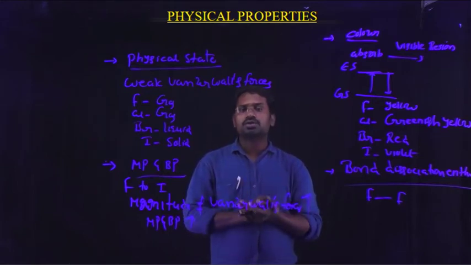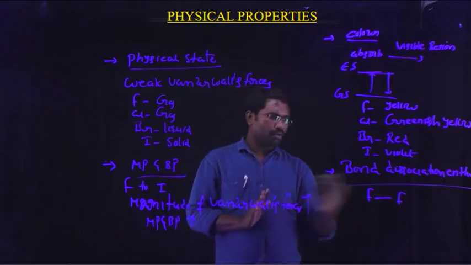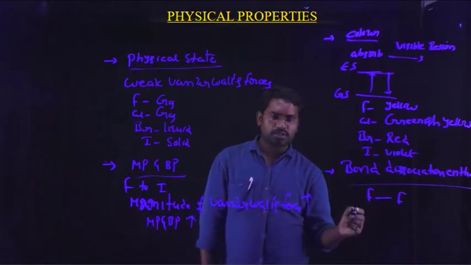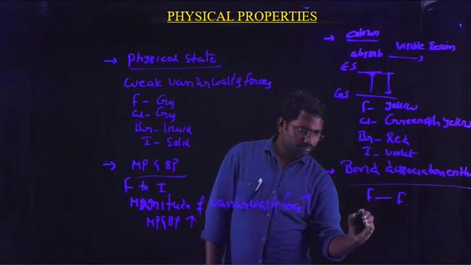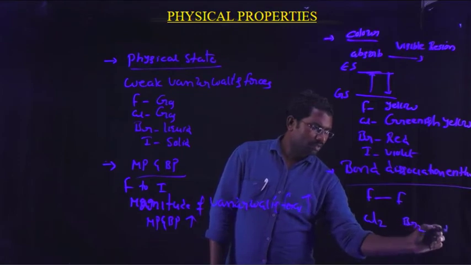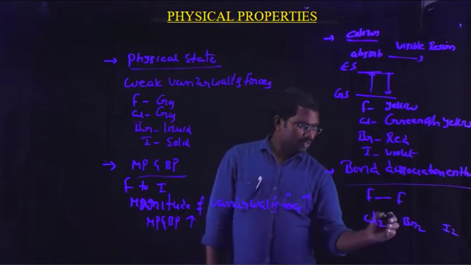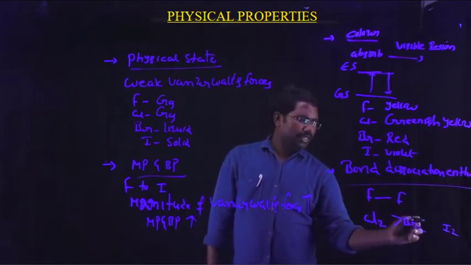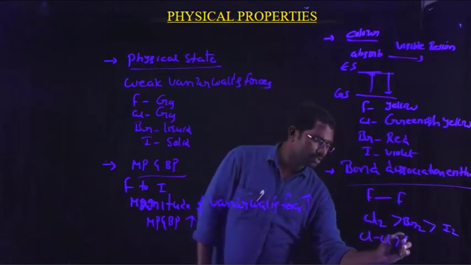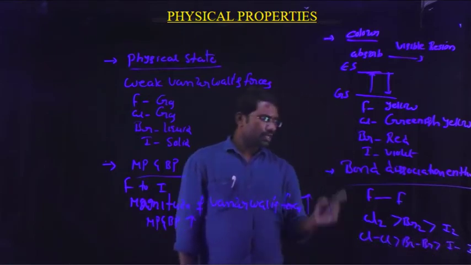What are the bond dissociation enthalpy values in the case of halogens? Except fluorine, from chlorine, bromine, to iodine, the bond dissociation enthalpy decreases as atomic size increases.